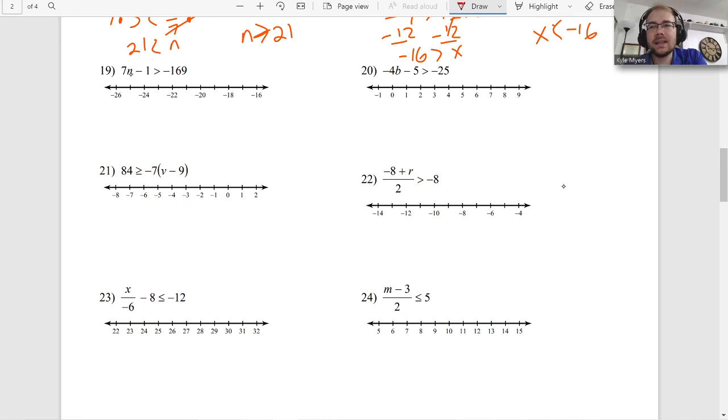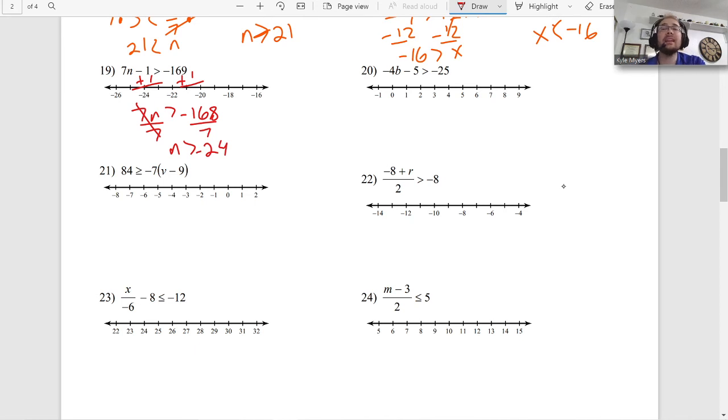So anyways, 19, I'm going to add 1 to both sides, so 7n greater than. I'm going to actually be subtracting here, so this is negative 168. And then I want to divide by 7. I'm assuming that goes in evenly. I don't know for sure, but it looks like it would. 7 goes into 16 2 times without going over. 14, 2, 28, that goes in 4 times.